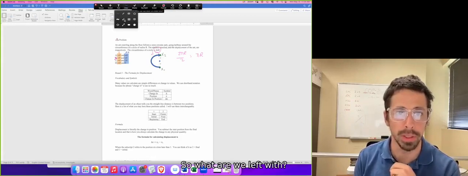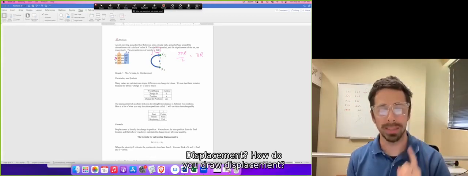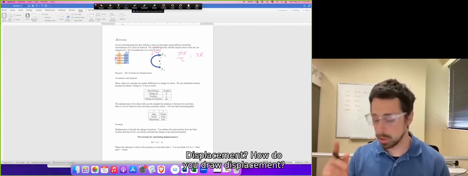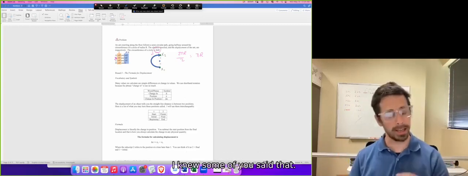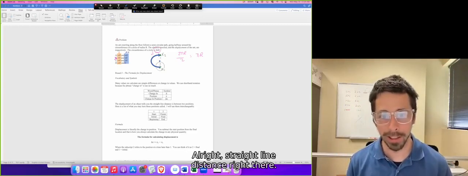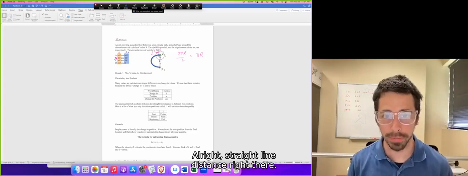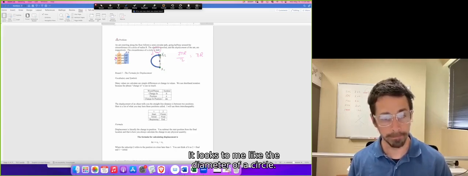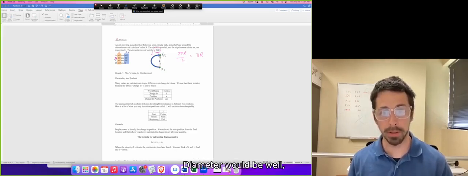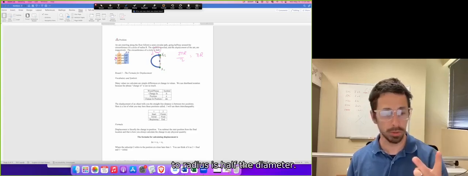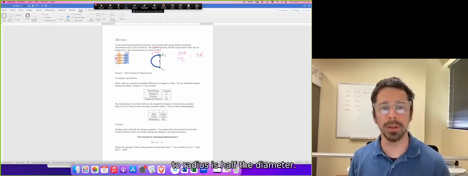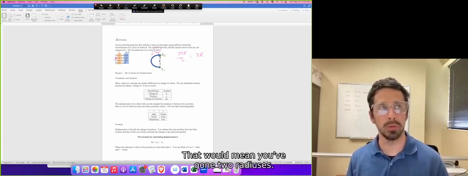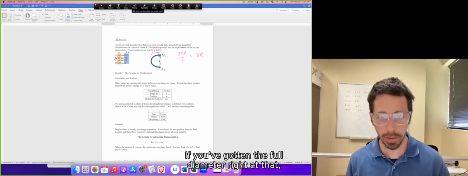So what are we left with? Displacement. How do you draw displacement? Straight line distance. I knew some of you said that. All right, straight line distance right there. What does that look like? It looks to me like the diameter of a circle. Radius is half the diameter, so you've gone 2 radiuses if you've gone the full diameter.